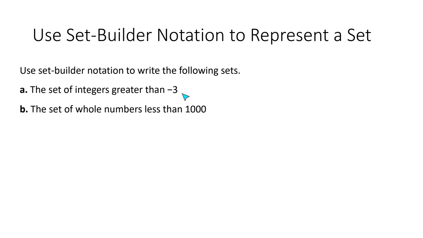Okay, so what are the conditions? When you're doing these, you can list those conditions. They have to be part of the integers. And what letter do we use for integers? We use the letter I. And then what else do we know? It has to be greater than -3.